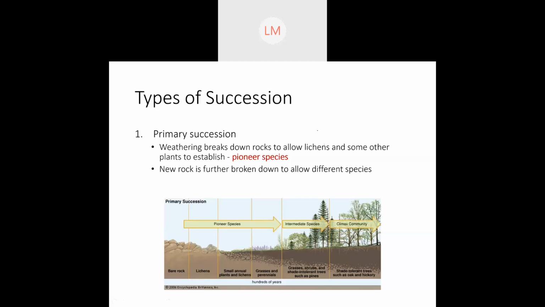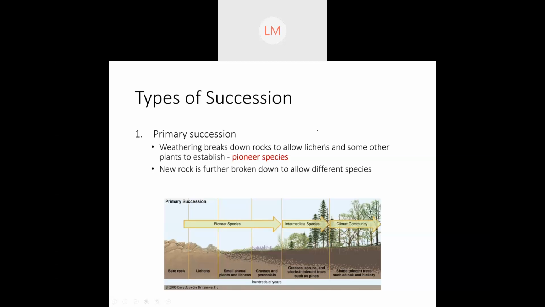Once that rock breaks down into more soil-type sediment, new plants are able to come in. On this timeline, we have our bare rock, then lichens, then the rock broken down even further to get some small annual plants, then grasses.